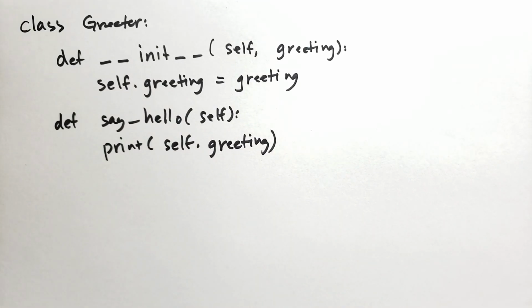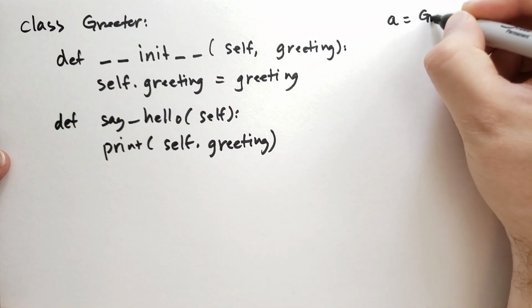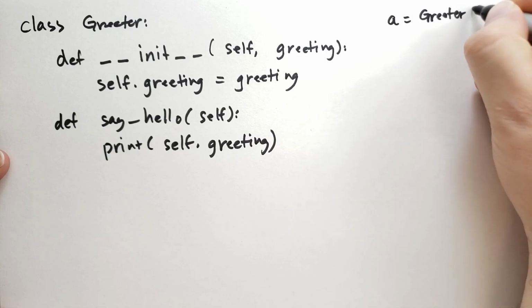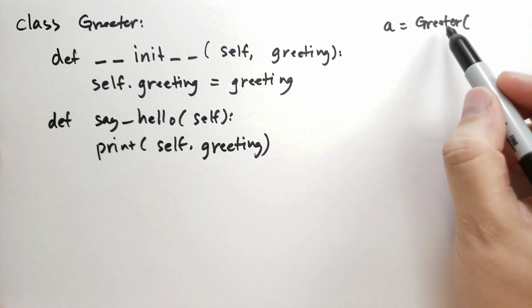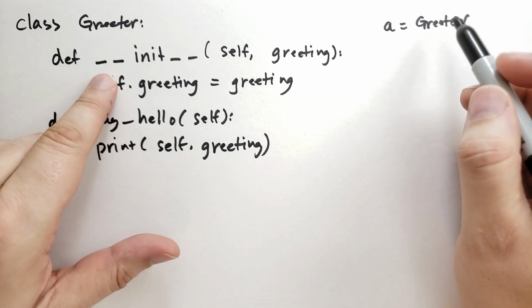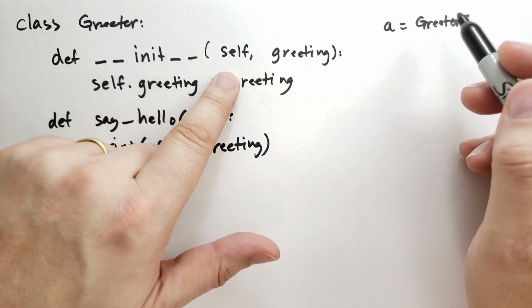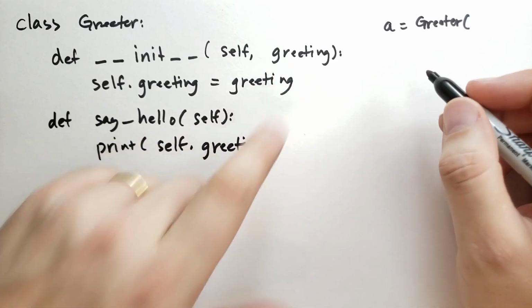Okay. So what happens is when we create a new instance of this greeter class, so when I say a is equal to Greeter, this is going to create a new instance of greeter that's fresh. There's no attribute set. It's just empty. And then it's going to call this init method with that new thing it just created and whatever parameters you supplied. So we have to specify a parameter.